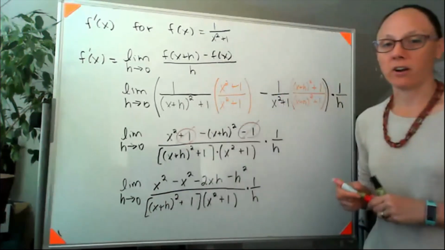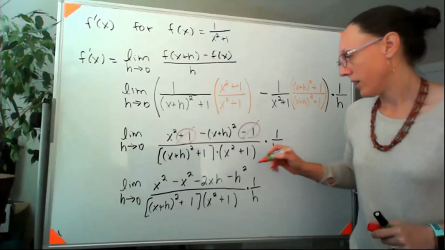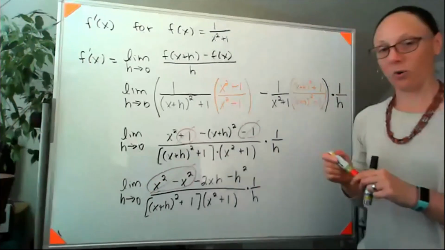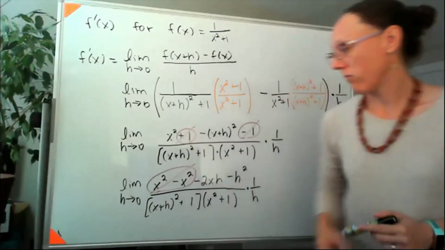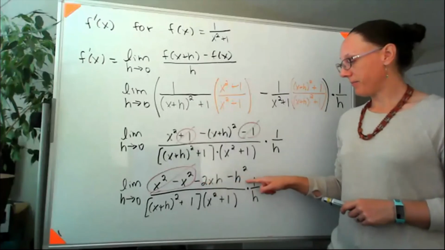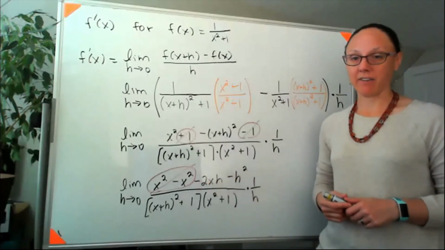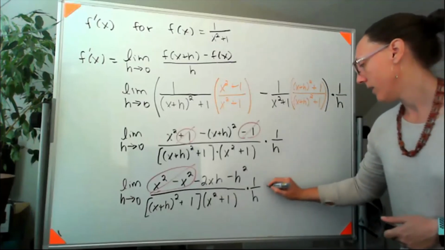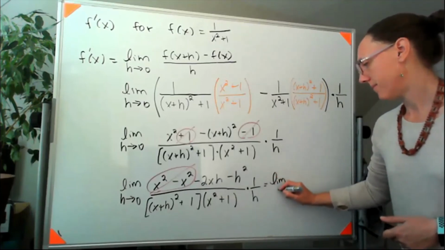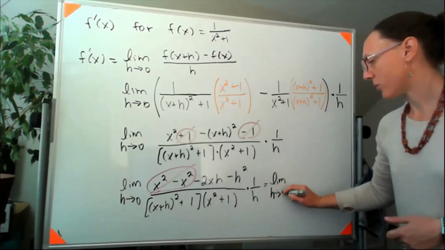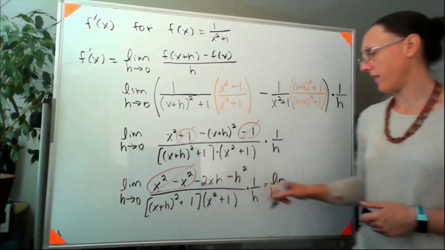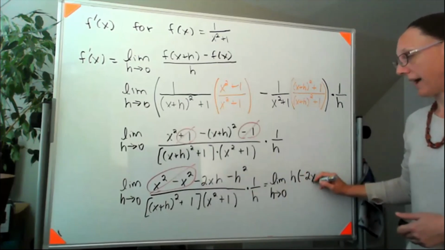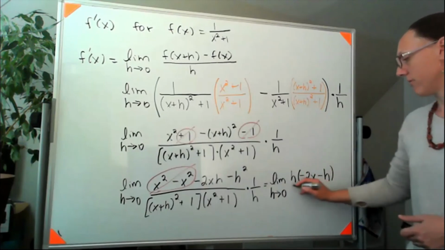Well, in my numerator, now that x squared minus x squared, that's going to go away. And here, since both of these remaining terms have an h, I should be able to factor that h out. So I've got the limit as h approaches 0. In the numerator, I'm going to pull out that h and have negative 2x minus h.